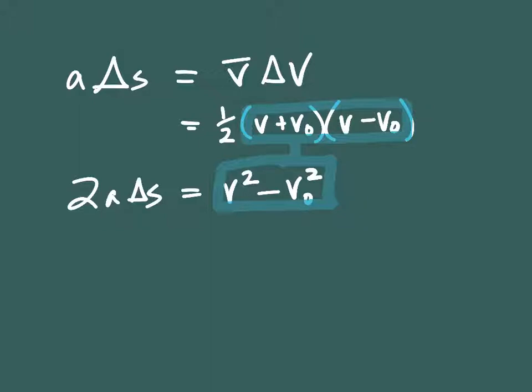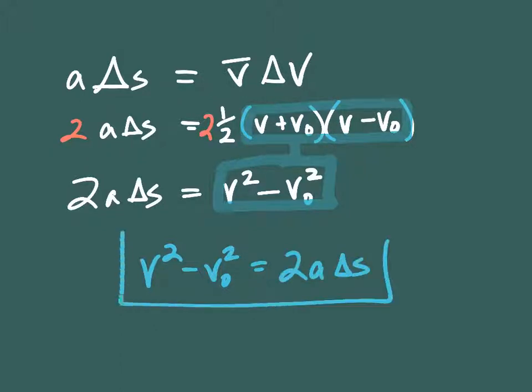And then if you multiply both sides by 2, there is this equation that is typically given this way. This shows up in textbooks. It's the same thing, just expanded out. There's more computational steps involved when you use it, but it is a useful equation.